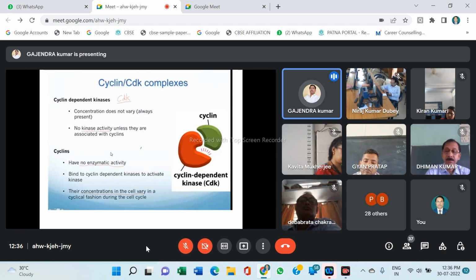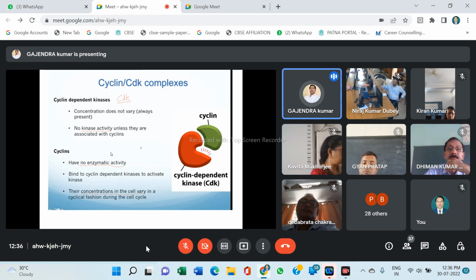The concentration of cyclin dependent kinases does not vary. They have no kinase activity unless they are associated with cyclin, which means cyclin must be attached to the kinase enzyme.